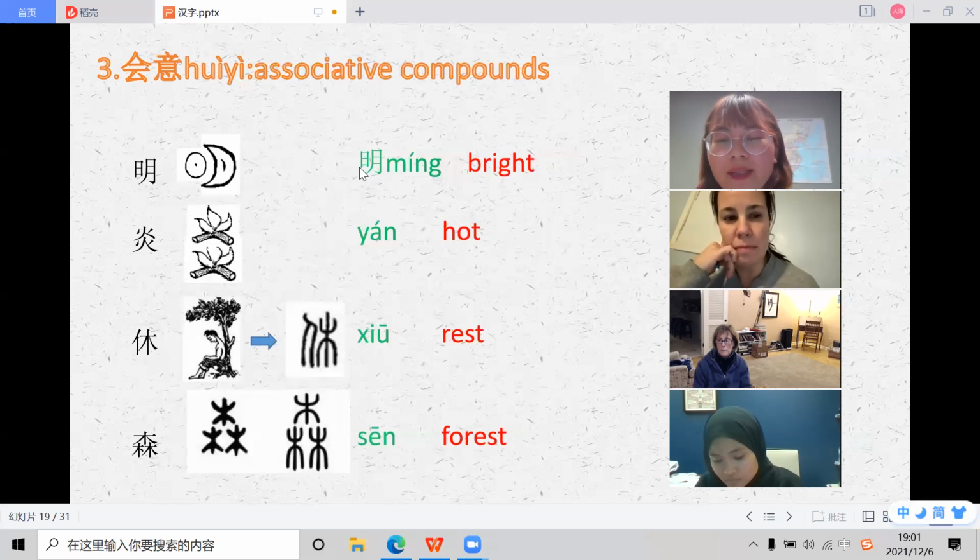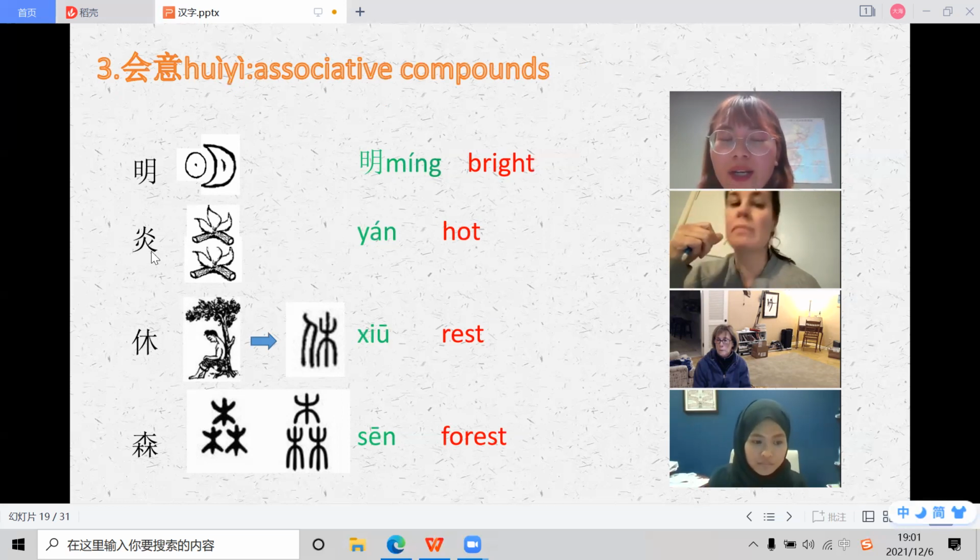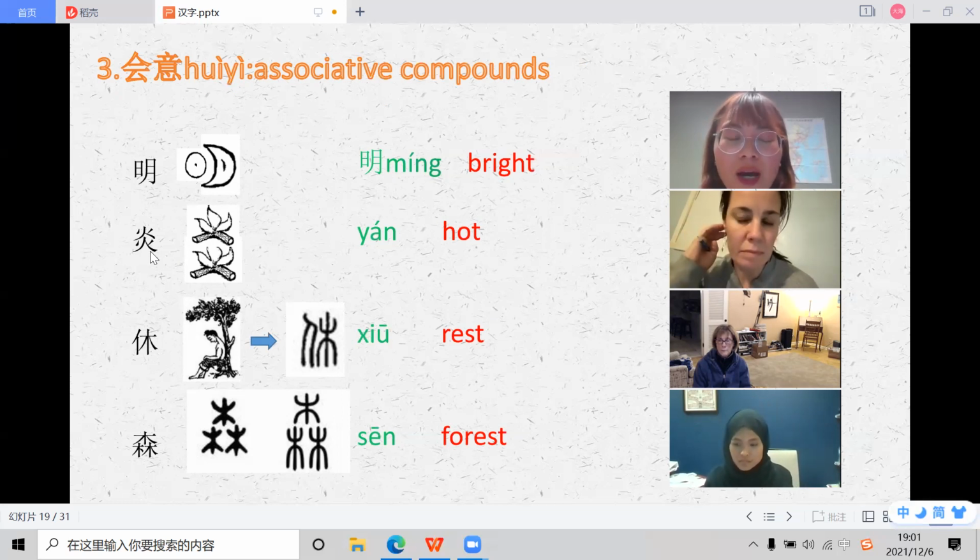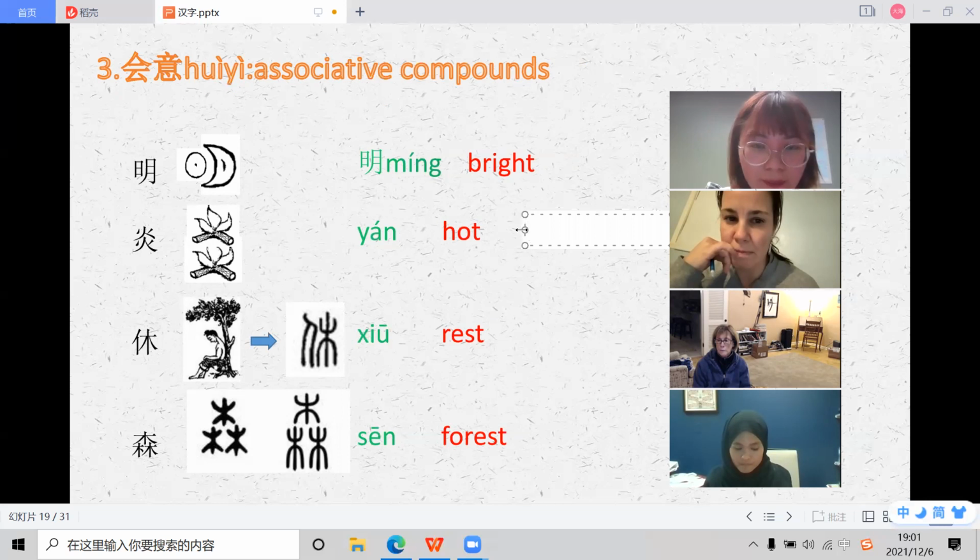For example, we say the light is bright: 这个灯很明亮. We don't say 这个灯很明. And 炎 expresses hot, and it is also combined with 热, 炎热, to express hot in modern China.